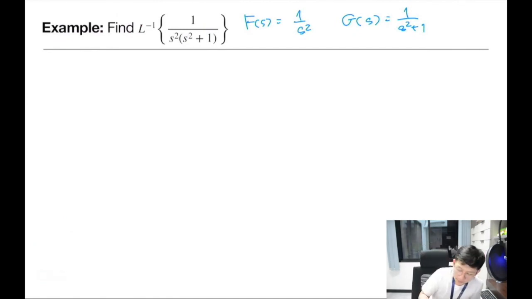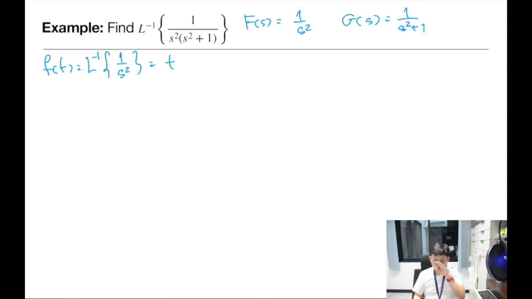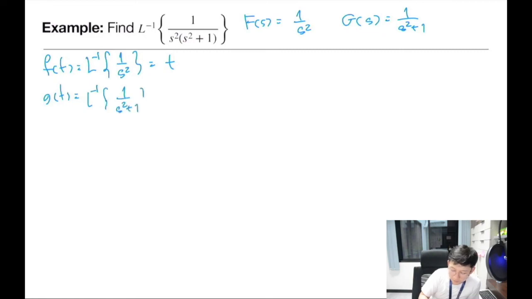In that case, f(t) is the inverse Laplace of 1 over s squared, which is t, because t to the 1 is 1 factorial divided by s squared. Okay, that would be just t. And the other one, 1 over s squared plus 1. So g(t) would be the inverse Laplace of 1 over s squared plus 1.